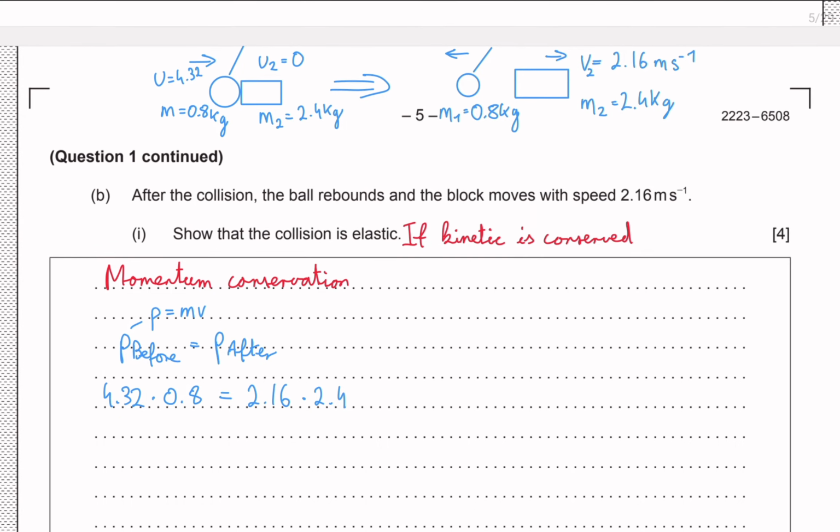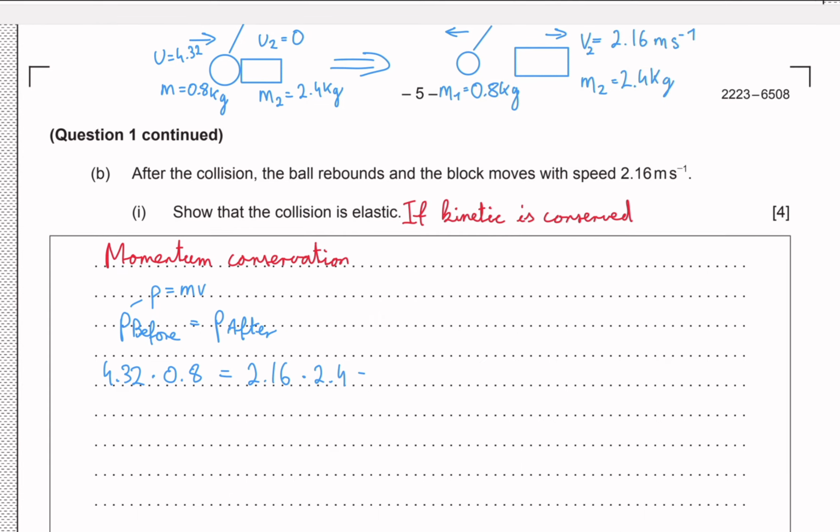And then the ball will have a velocity to the left, which means it's going to have a velocity of opposite sign when compared to the block. So it's going to have a negative velocity: minus 0.8 times the velocity, this v1. And if we rearrange for this, then we will find that v1 is just equal to minus 2.16 meters per second.